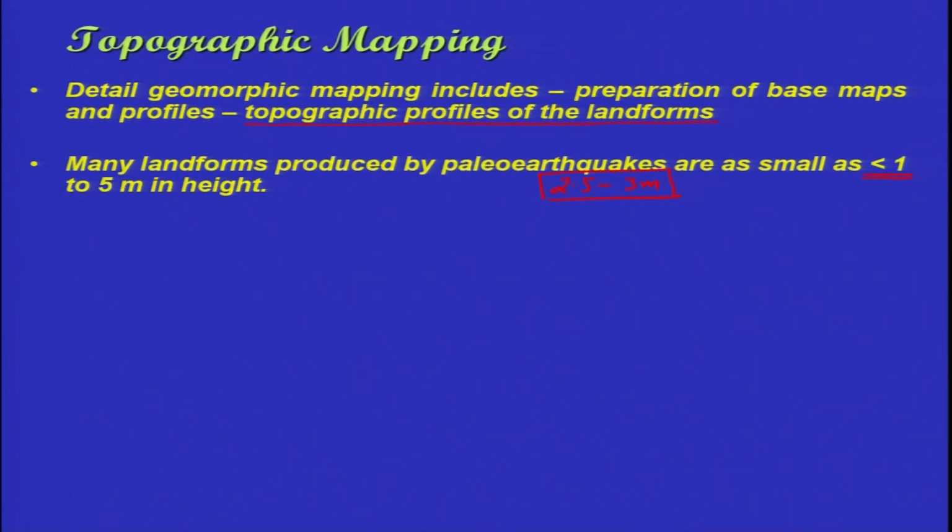So what experience we had while doing such types of surveys is that, of course, we have demarcated the fault traces using high resolution satellite photographs, and then moving to the field area at that particular site, we also consider if we come across any feature or landform with deformation that could be less than 1 meter, and that probably is the indicator of the paleo earthquake.